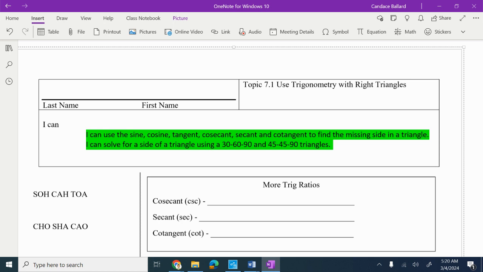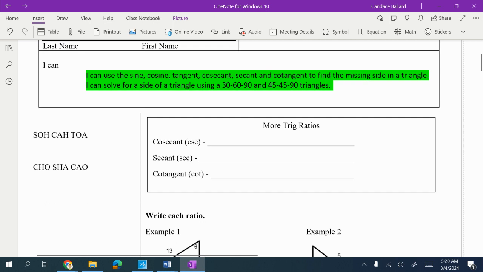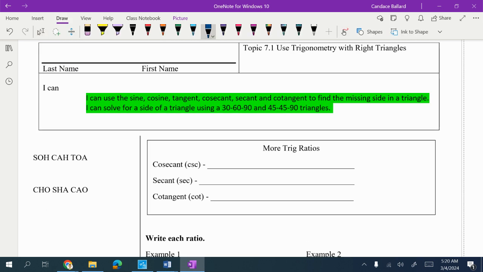So what you don't know about trig yet is that we actually have three more trig ratios. These trig ratios are the reciprocals of our sine, our cosine, and our tangent. So cosecant, which we abbreviate CSC, is the hypotenuse over the opposite, and it's the reciprocal of sine.